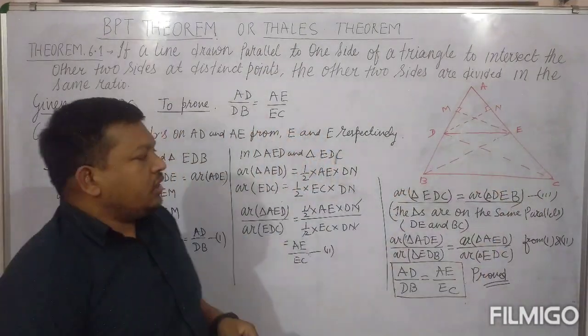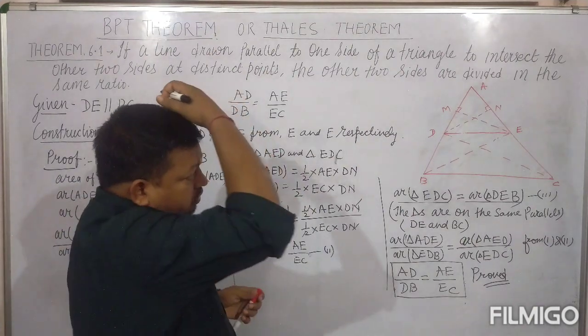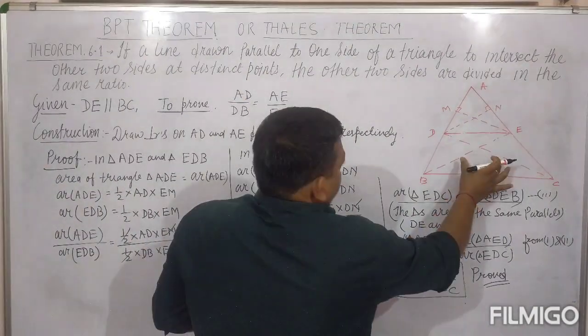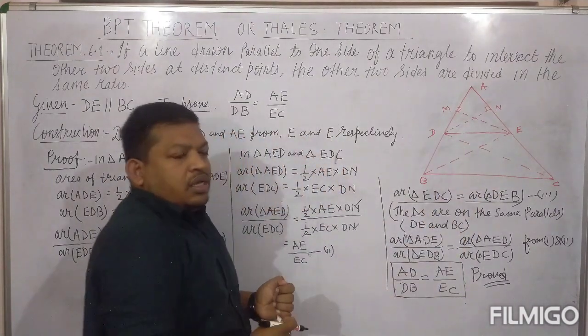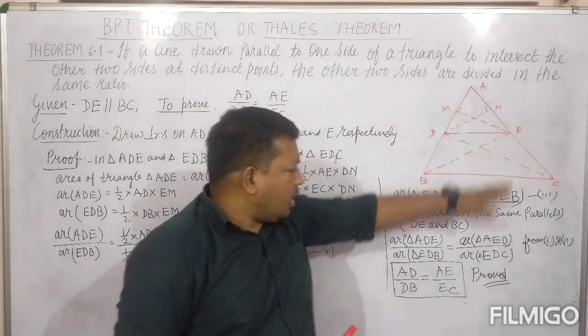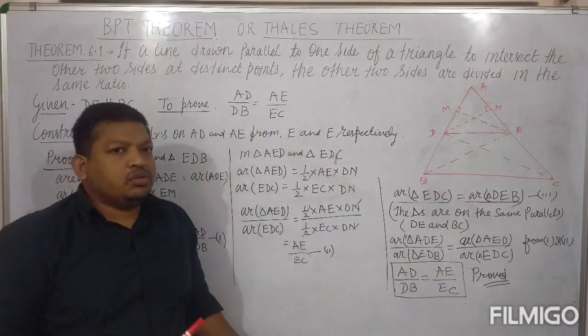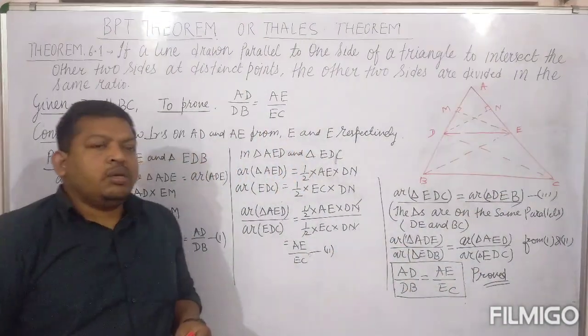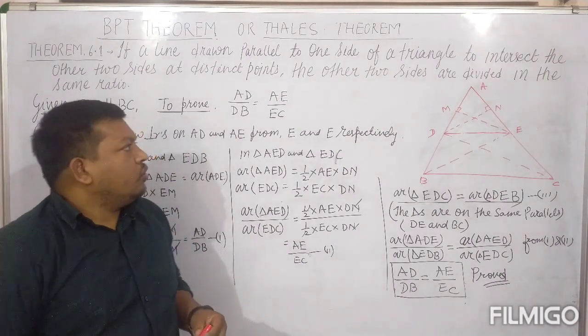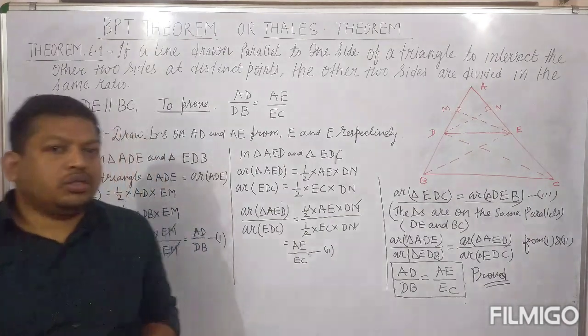One more very important thing is to show that the areas of triangles on the same base and between the same parallels are equal. So this is how we prove the Thales theorem. This is also known as BPT, that is basic proportionality theorem. So hope you have got the theorem properly.